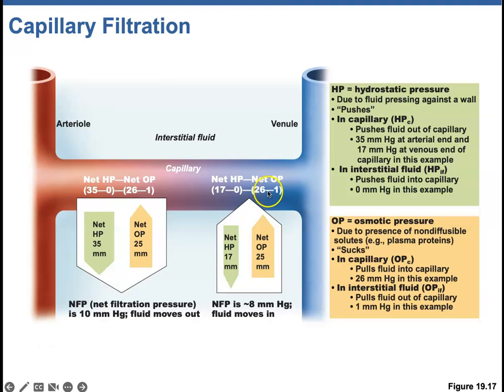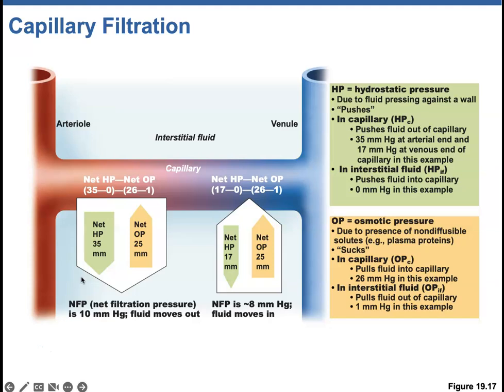When it says the osmotic pressure is greater on the venous side, it means that the fluid is going to get pulled in. So osmotic pressure means pulling in fluid, right? Fluid is moving from where it's in higher concentration out here, pulling back in. And it was in higher concentration out here because it got pushed out of the actual capillary.